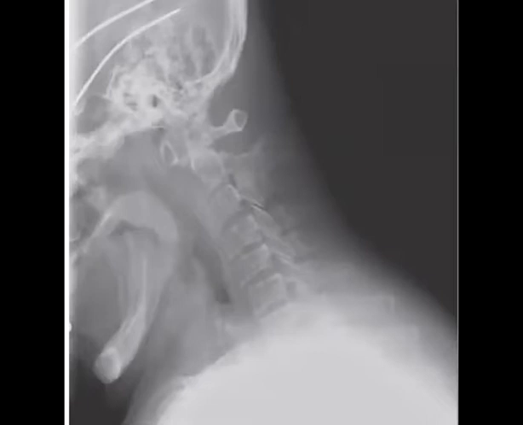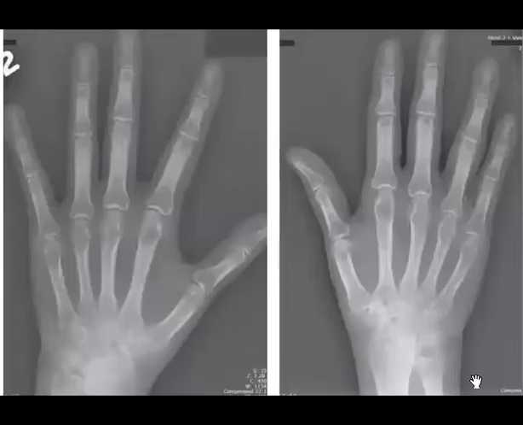Until now, we are going through smooth and easy cases. And let's have a look at this case. Is the image quality fine? Okay. So this is a frontal radiograph of both hands.